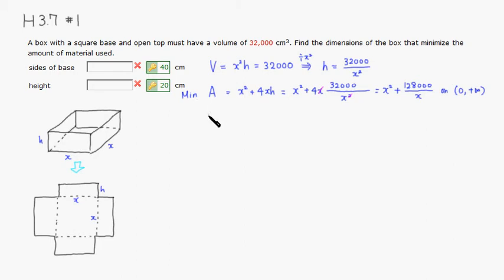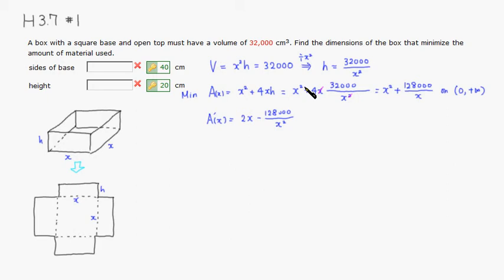Let's take the derivative to find the critical number. This is a function of x, so take the derivative of the area function. The derivative of this is 2x, and the derivative of this is negative 128,000 over x squared.